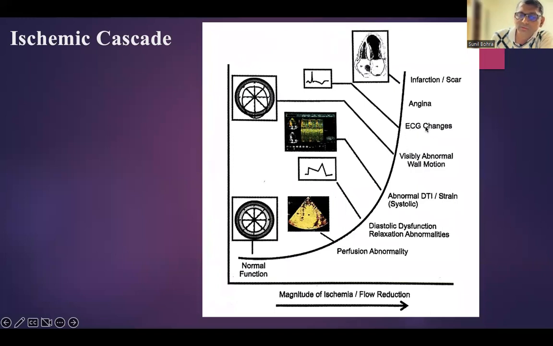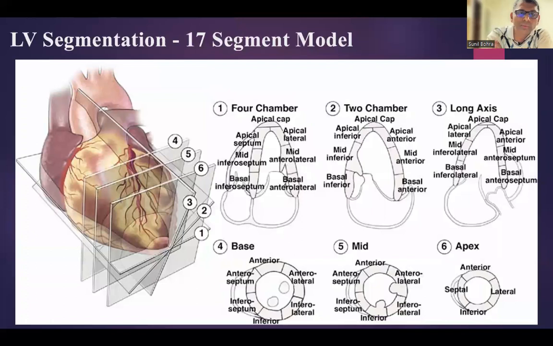Here you can see that before the ECG changes occur, there is a visible wall motion abnormality which we can pick up earlier as echocardiographers. So echo has an upper edge in diagnosing coronary artery disease, especially when we are doing, for example, stress echo. So it is very, very important for us to know this.